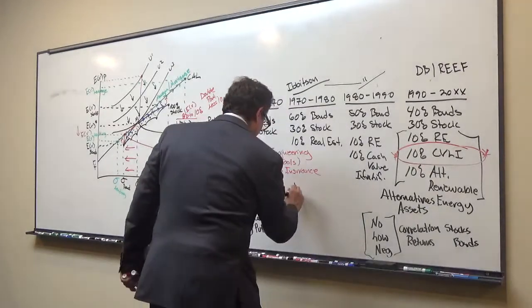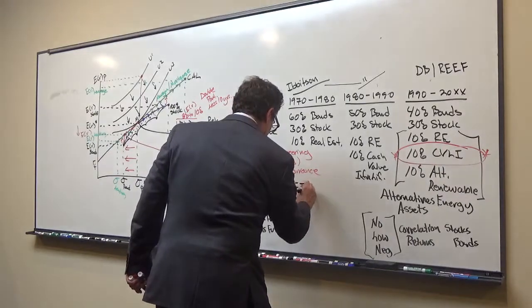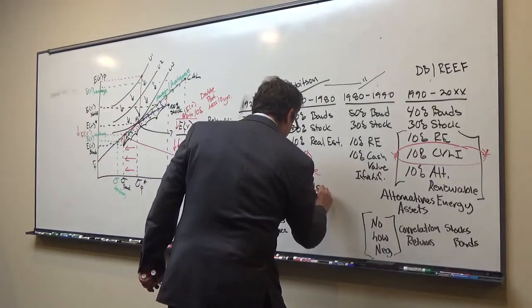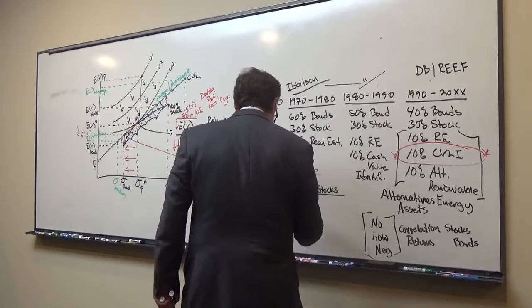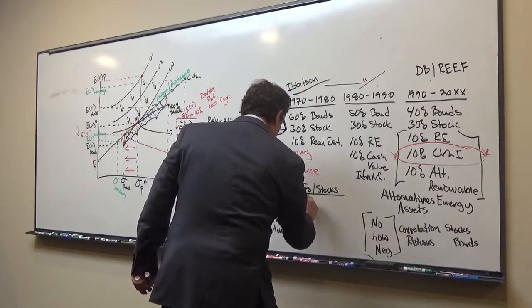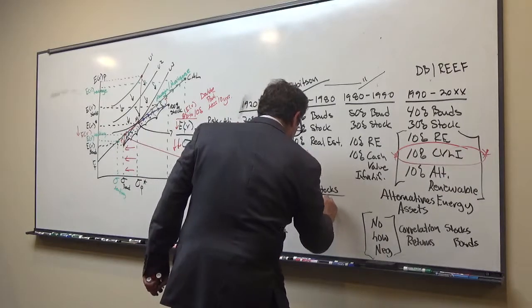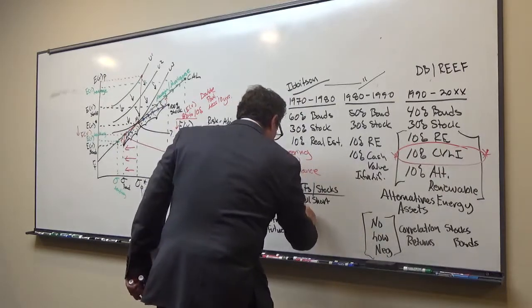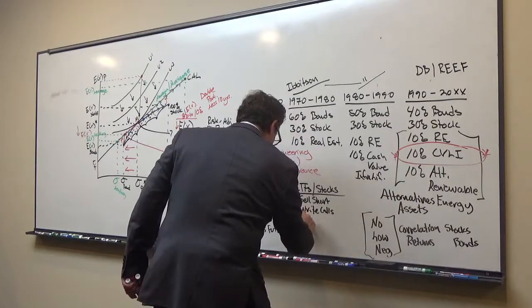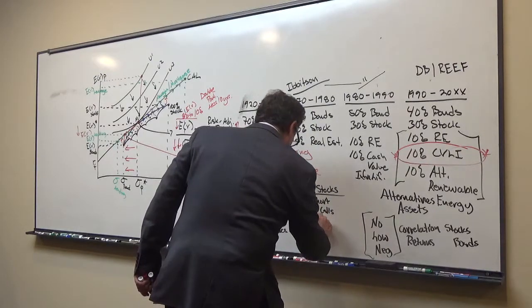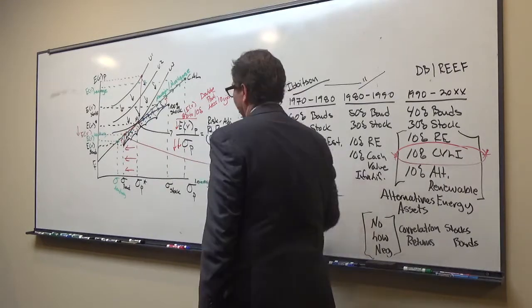And if I own ETFs, which I probably do, and if I own stock in my portfolio, which I probably do, I can sell short. I can write calls, and I can buy puts to hedge off the market risk.